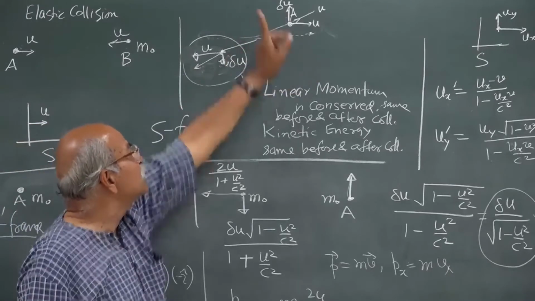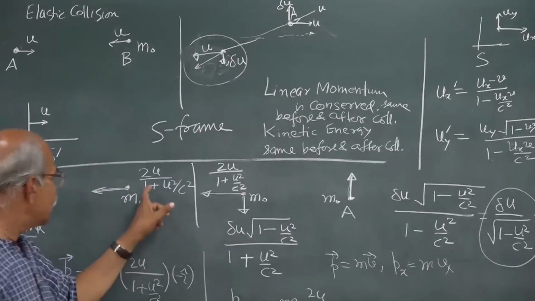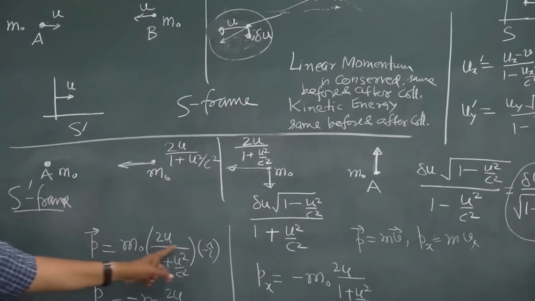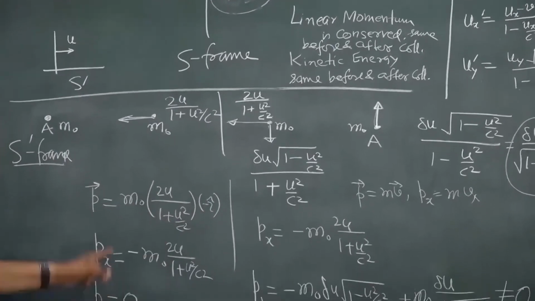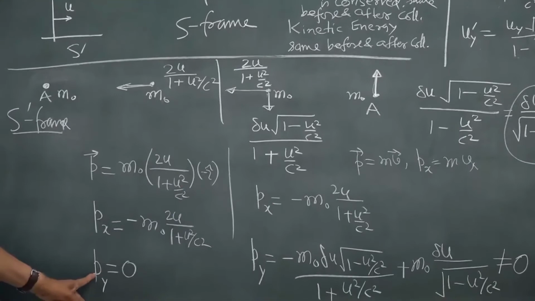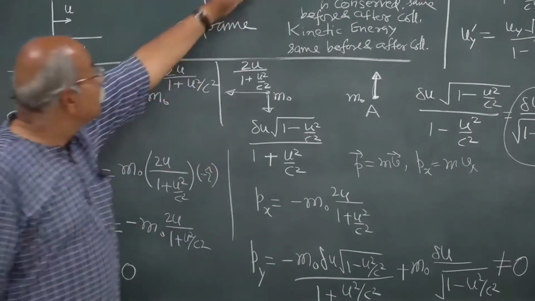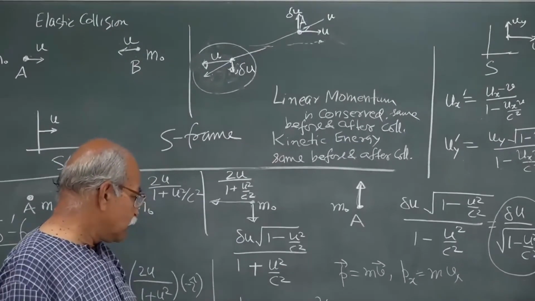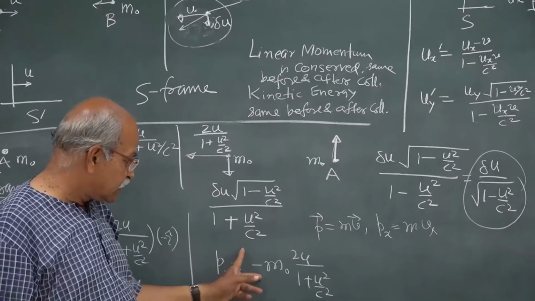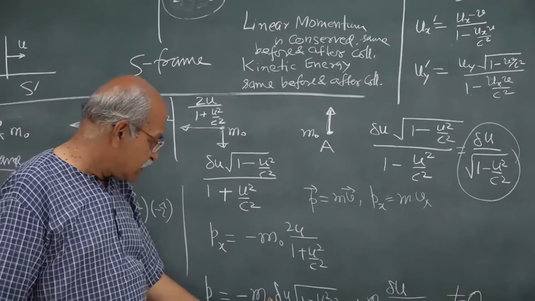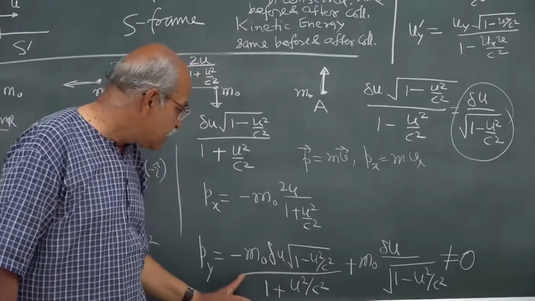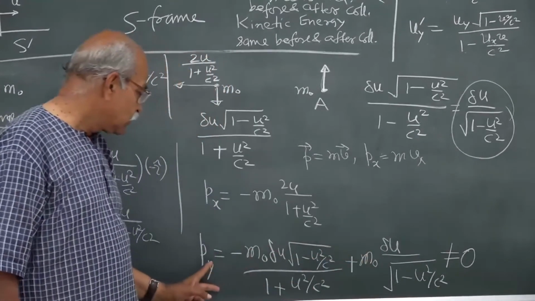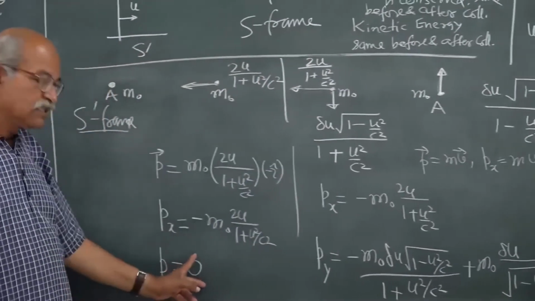We have written all this px and py before the collision, and then made the transformation, and we find that this is not 0, this was 0.